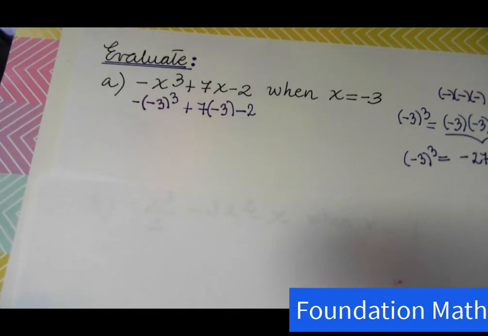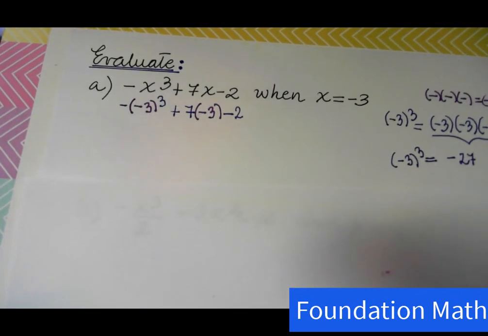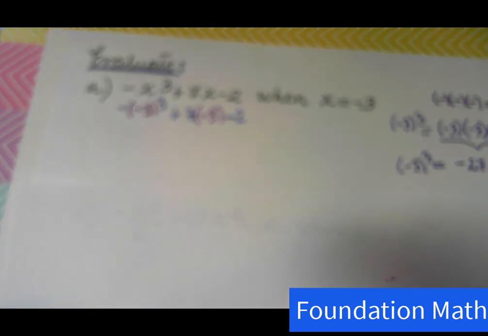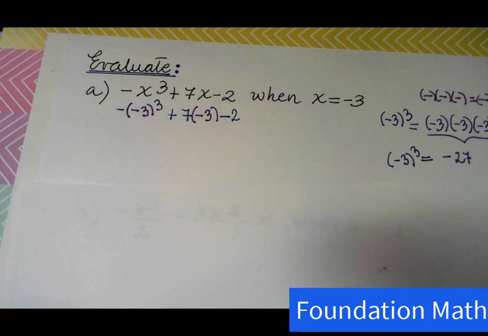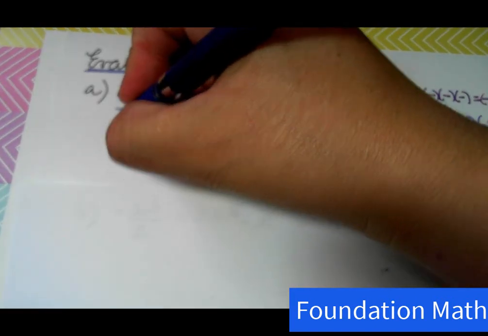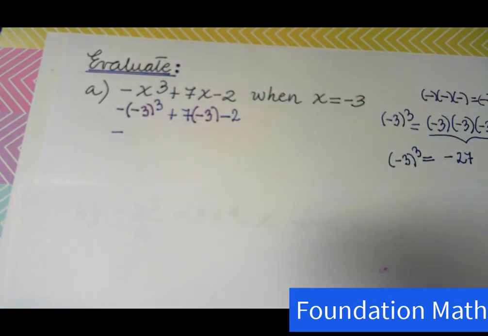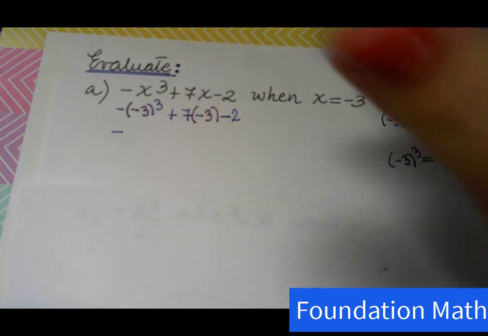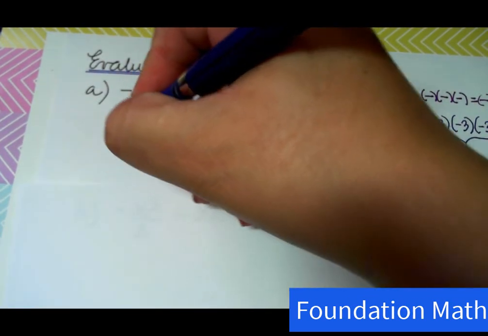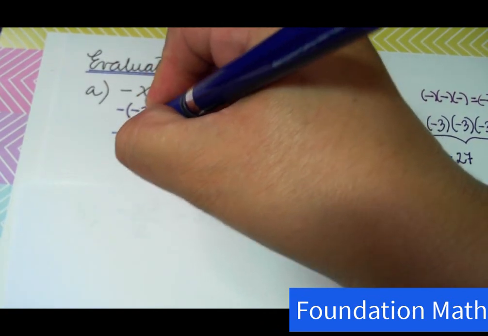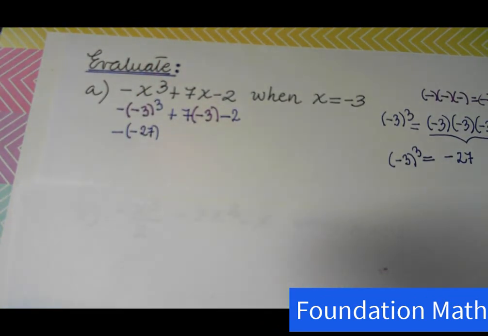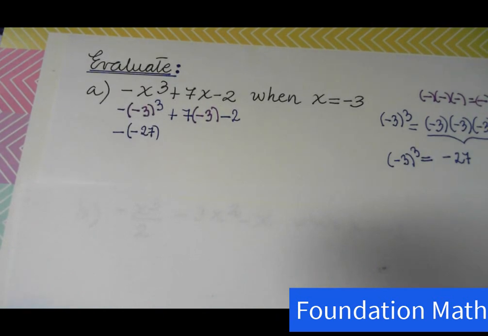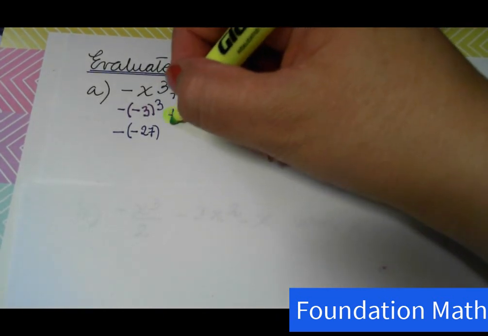Now we move here. We are going to substitute the value. So now we have that negative 3 with exponent 3 is equal to negative 27. I'm going to use again the parentheses. Negative 27. Now I have to observe here positive and negative.